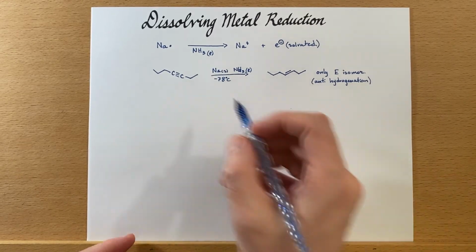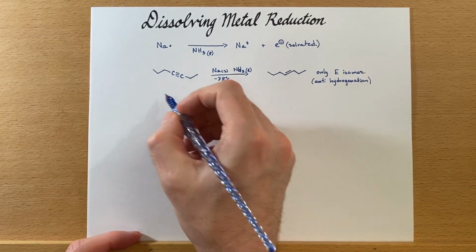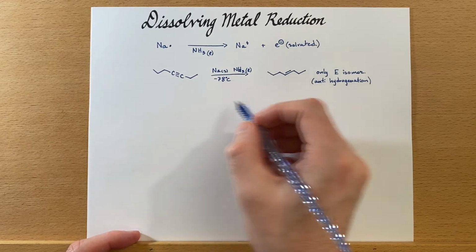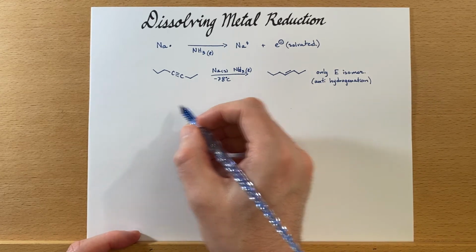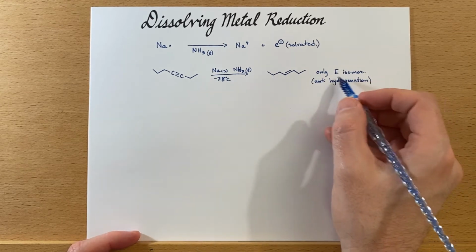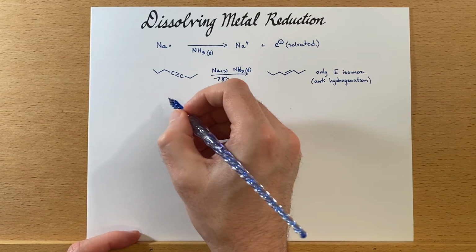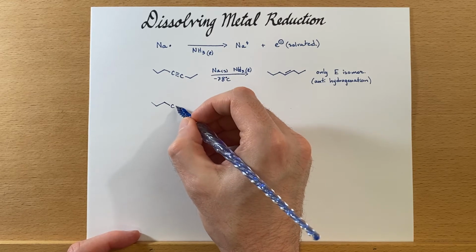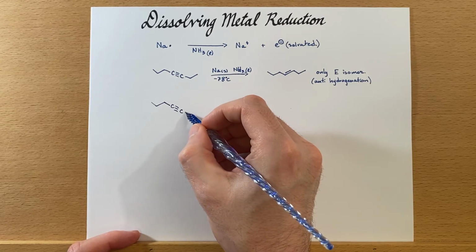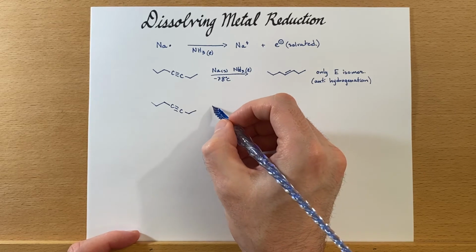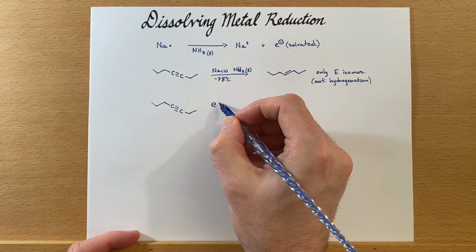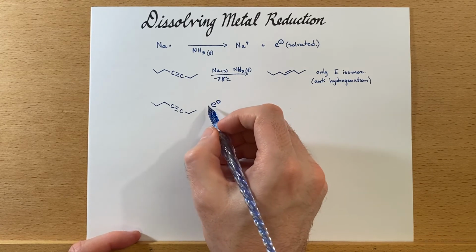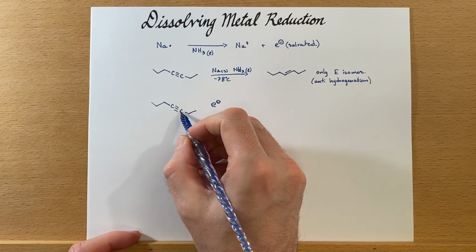So once we look at the mechanism of this process, I'll be able to point out a step where steric hindrance would prevent it from going in the cis configuration. So we only get trans configuration, or the E configuration, if you prefer that nomenclature. So here's our solvated electron, and that's going to interact with this carbon here.